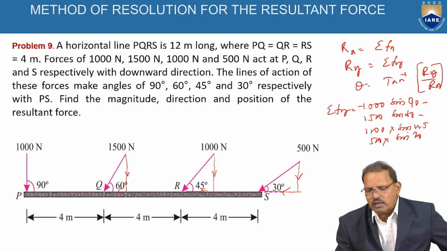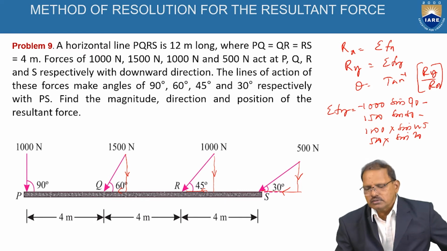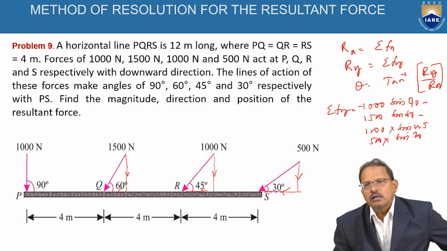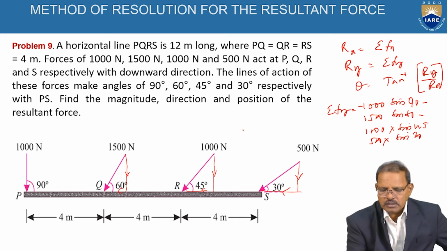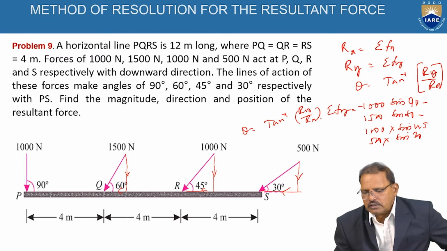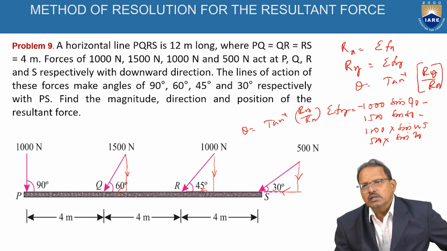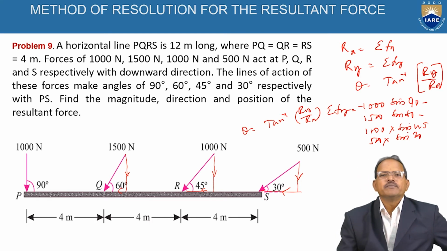Now after getting the values Rx as well as Ry, determine the theta value. Theta is equal to tan inverse of Ry divided by Rx. Determine this angle. Since the x component as well as the y component are both negative, they belong to the third quadrant.